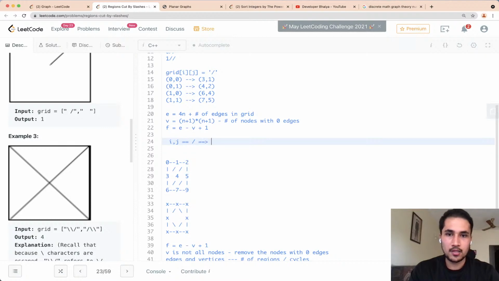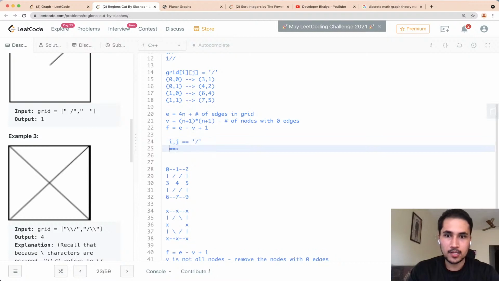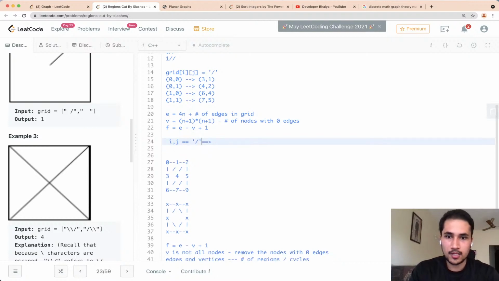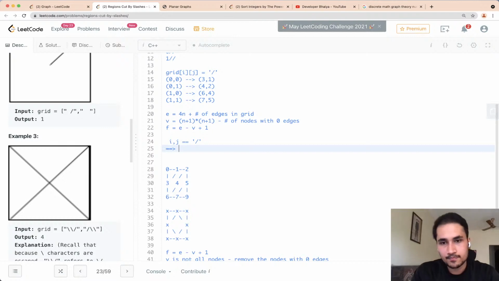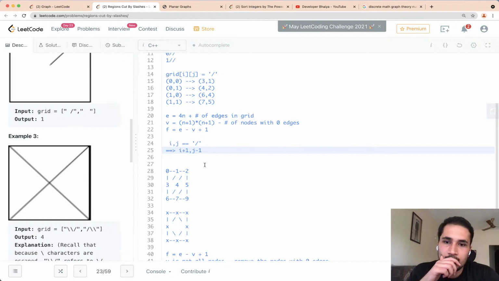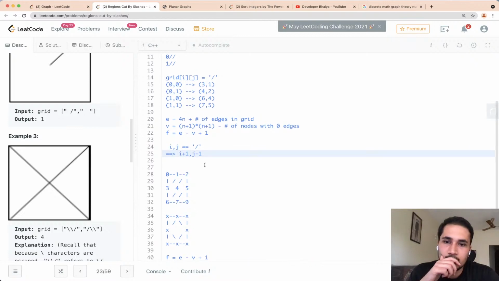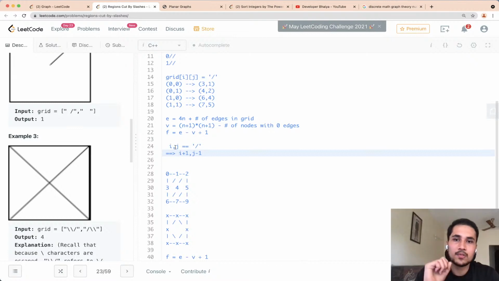So how should I process this? Let's see. What I can do is something like, the next one will be I plus 1, comma j minus 1, right? Something like that. And this ij will also be incremented, right? Or I can take that as same. That actually makes sense. Yeah. So this ij eventually becomes I comma j plus 1. Yeah, this is making sense, I think.